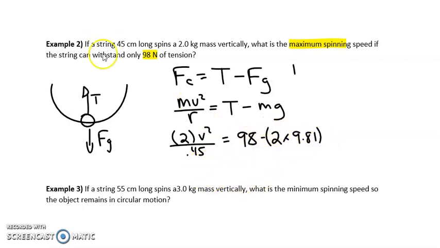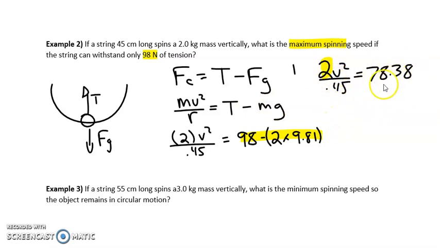Solving for this entire side here, that means that we've got 2v squared over 0.45 is equal to 17.. that's equal to 78.38.